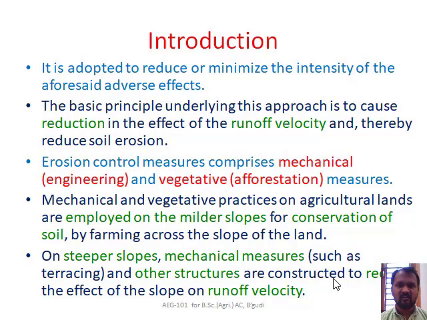There are many mechanical measures as well as vegetative measures to control erosion. We'll see mechanical measures, particularly engineering measures, and vegetative measures. Mechanical and vegetative measures are done on agricultural land and are employed on milder slopes for conservation of soil by farming across the slope of the land.